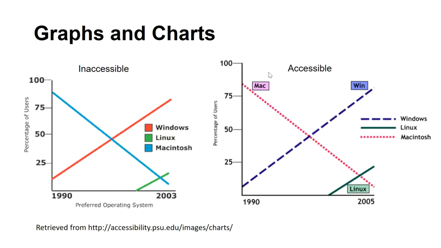However, that same person, if they were looking at the graph on the right, they have more than one way of identifying that content. So with the hashed line styles and the labels on the lines, they're able to easily identify the meaning of the content and the legend.